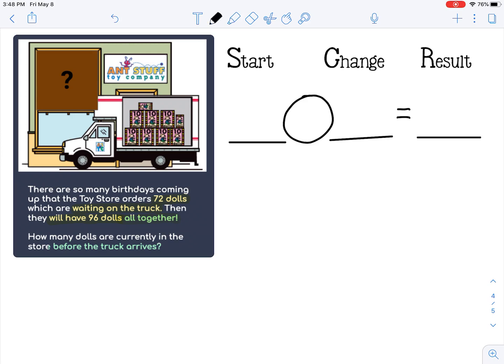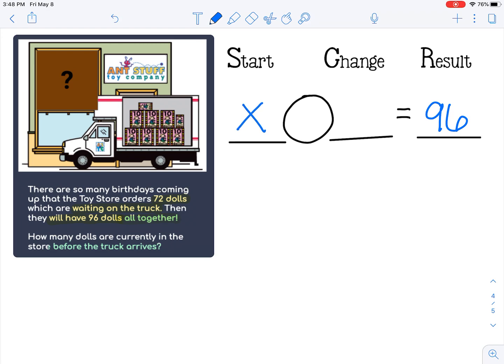So I'm going to start plugging in the things that I know. It sounds like the result, or what they will have at the end, is 96. Then I need to think about, okay, they want me to figure out how many dolls are currently in the store before the truck arrives. So it sounds like they don't know yet how many dolls are at the start.